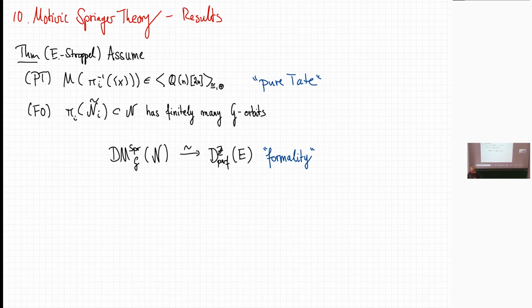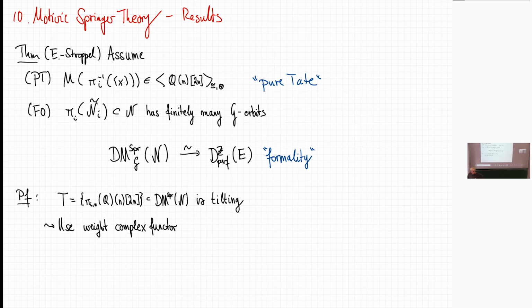Okay? Maybe. Good. And the proof, sorry, one question about the first condition. So it should hold for any x in N, or do I just use it? Ah, exactly. So whenever you have an x in N and you take the fiber under this π, you get a space, like a Springer fiber, or whatever it's called in the setup. And this space should have a pure Tate motif.